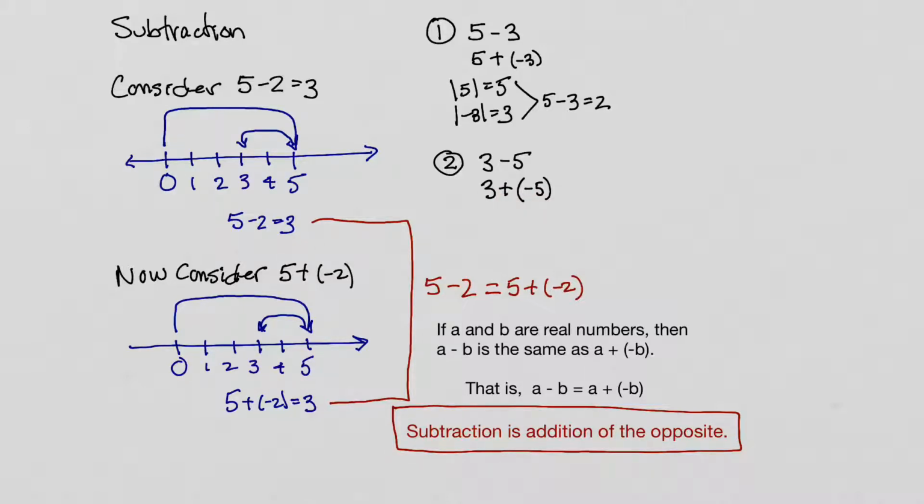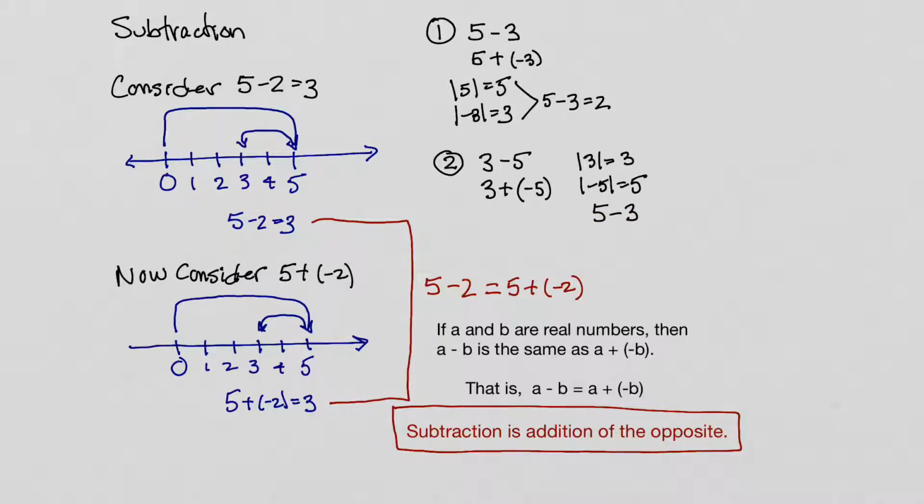The absolute value of 3 is 3. The absolute value of negative 5 is 5. Then we will subtract the smaller absolute value from the larger one. So it's going to be 5 minus 3, from the larger, subtract the smaller.